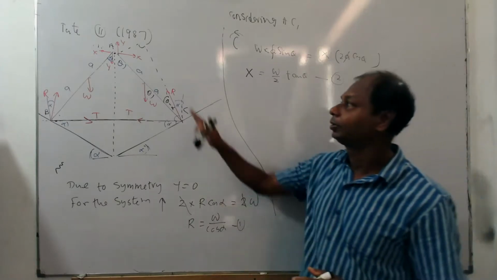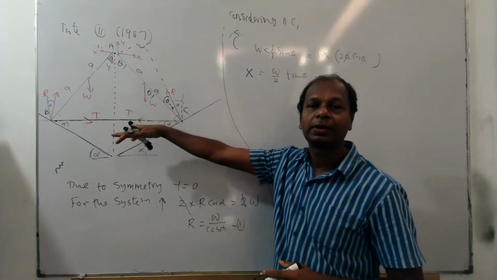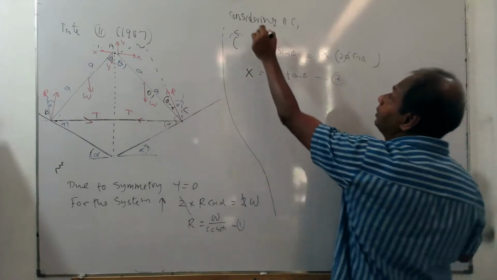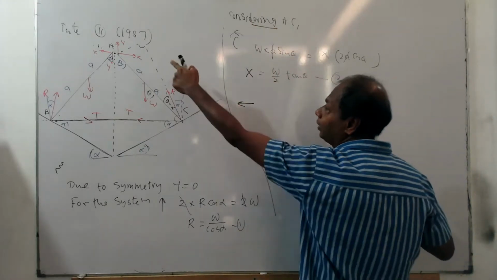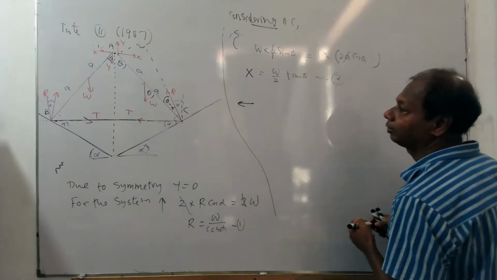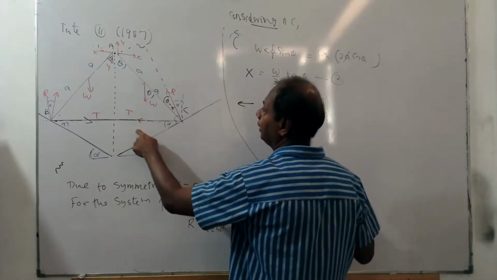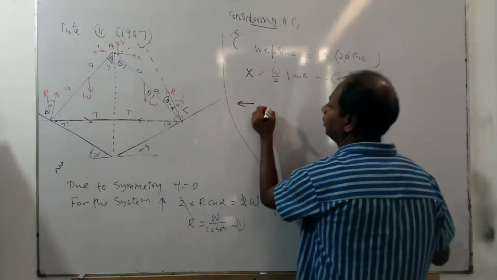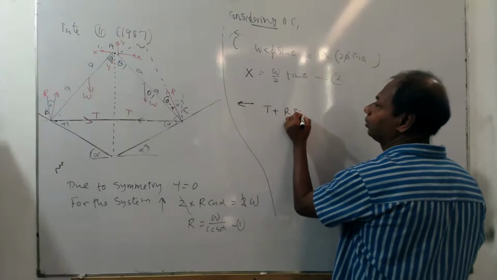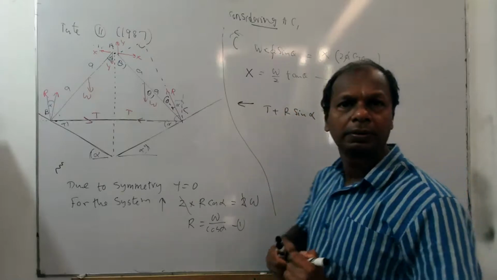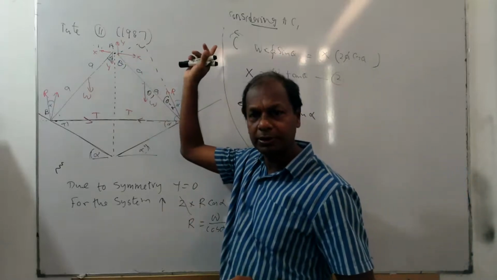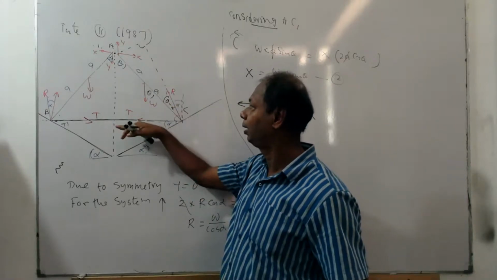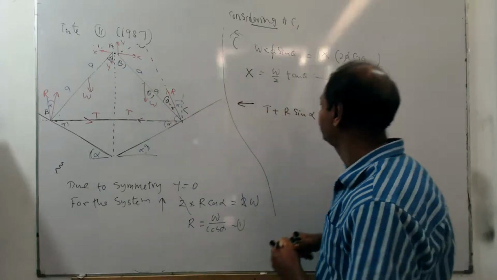Now our plan was to consider AC and resolve it horizontally. You will get T. For AC, if you resolve X and Y, you can find T. Resolve horizontally: T plus R sin alpha, X is in the opposite direction, equals X. So T plus R sin alpha equals X. That's right.